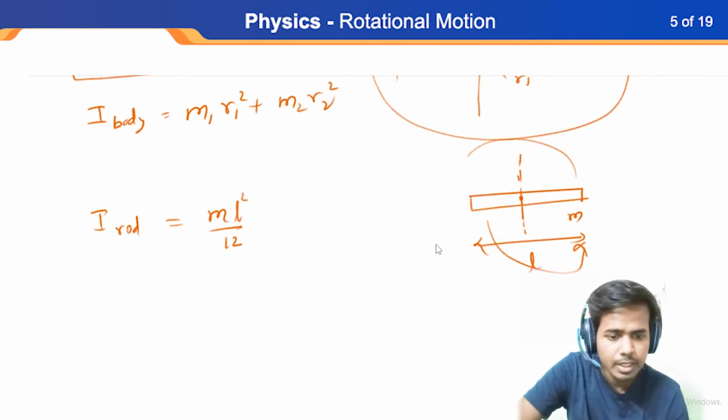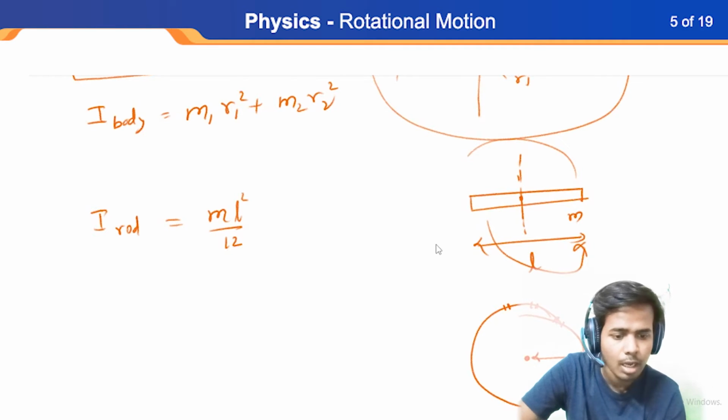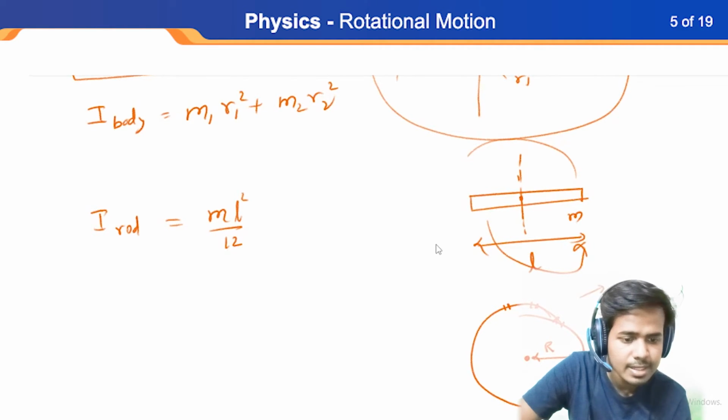Another example could be, let's say there is this ring. Now the ring can be viewed as small masses which are rotating at the same distance r, right? So in this case, can I say moment of inertia is nothing but I1 plus I2 plus I3, and so on, that is, m1 r square plus m2 r square.